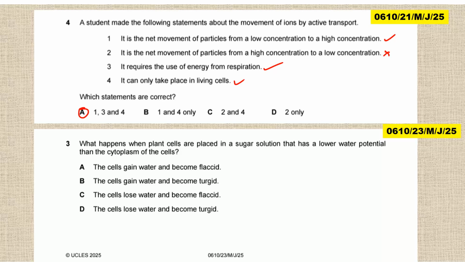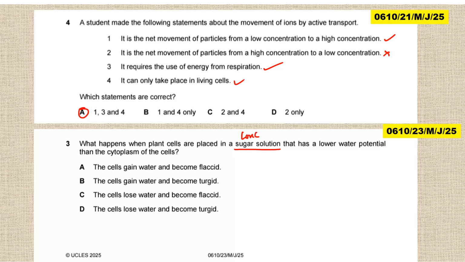Now, the other question that we are answering here is coming from paper 2, variant 3, still May/June 2025. What happens when plant cells are placed in a sugar solution? Remember, a sugar solution is concentrated.